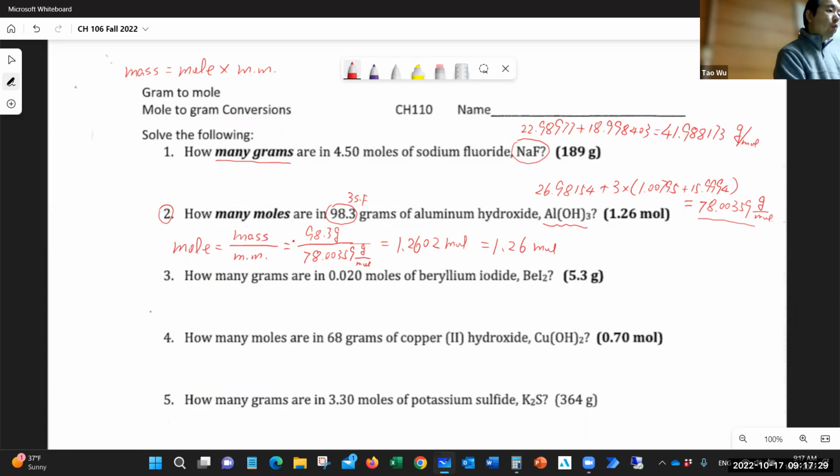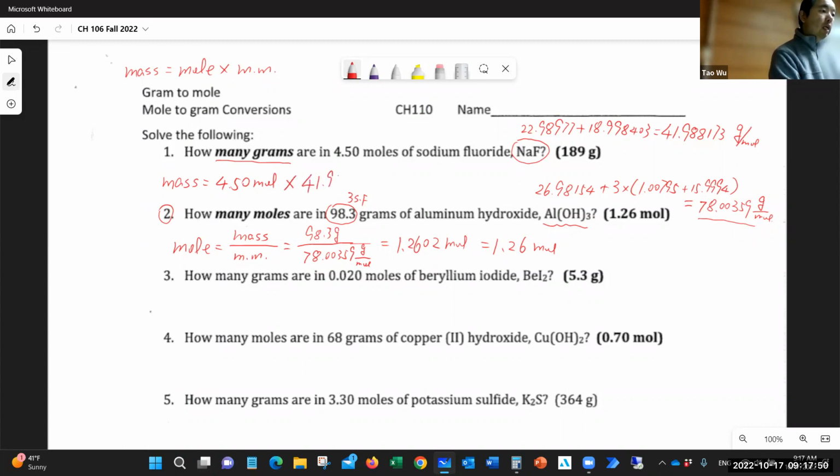Again, based on this equation, the mass should be equal to mole times molar mass. We have 4.50 mole of sodium fluoride, and you multiply by the molar mass of sodium fluoride.